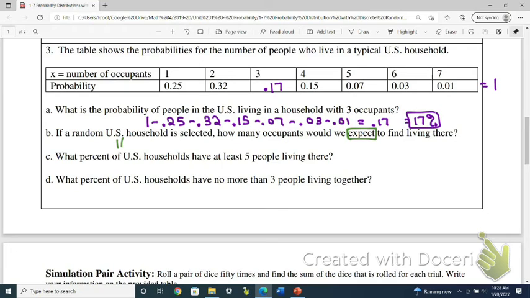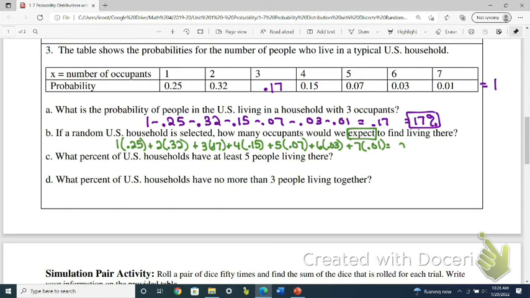So it's going to be 1 times 0.25 plus 2 times 0.32 plus 3 times 0.17, 4 times 0.15, 5 times 0.07, 6 times 0.03, and 7 times 0.01.